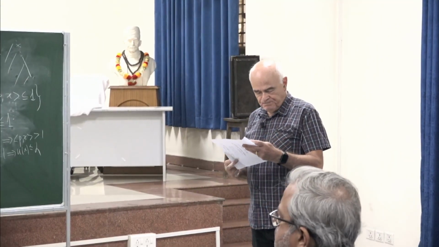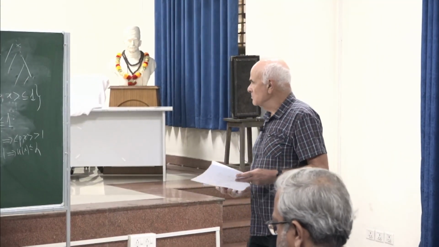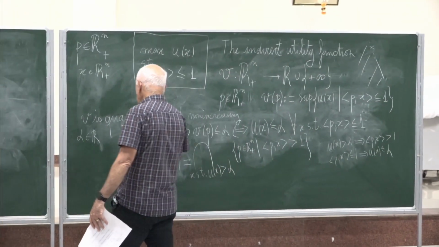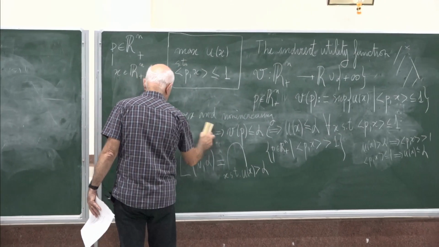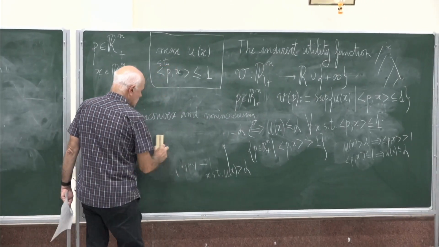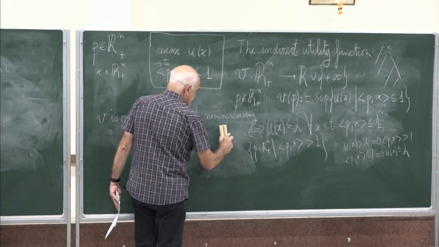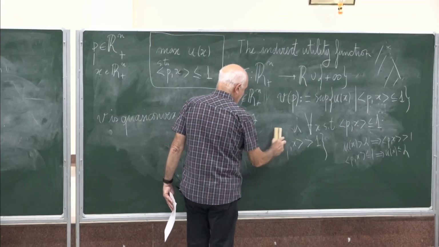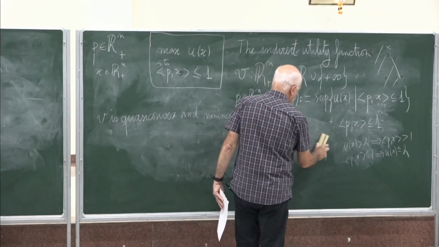Well, so now we know that indirect utility functions are always quasi-convex and non-increasing.